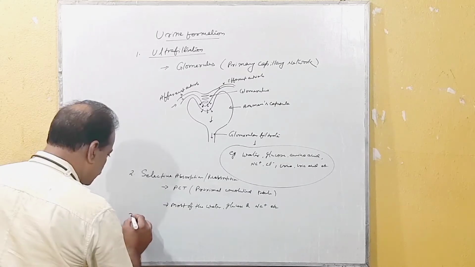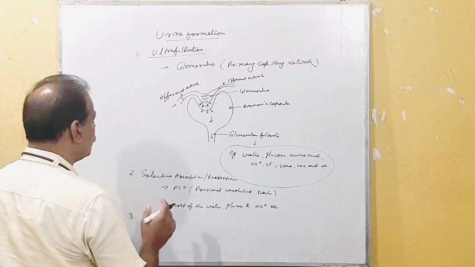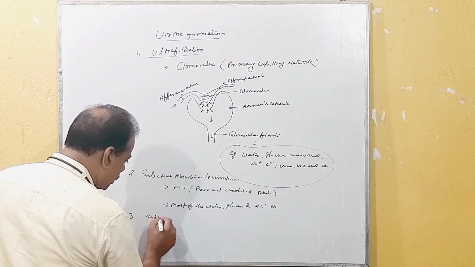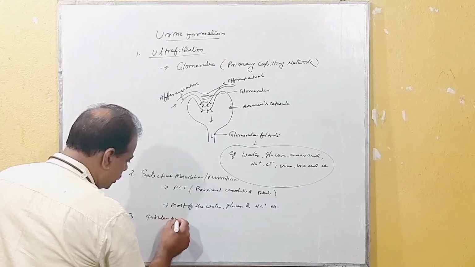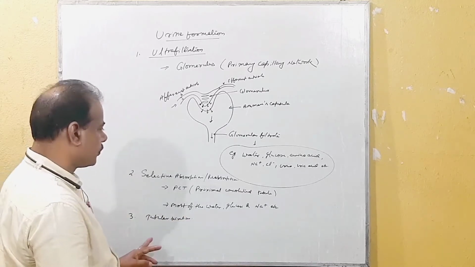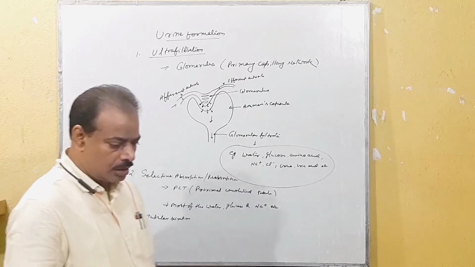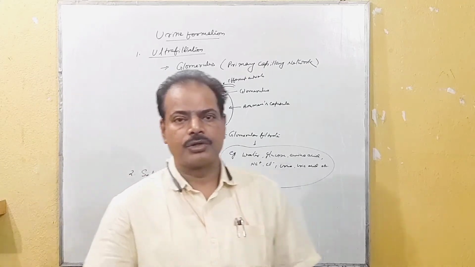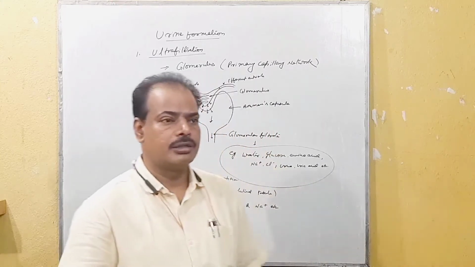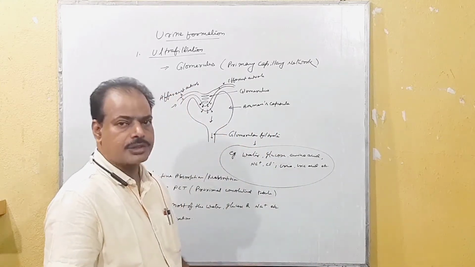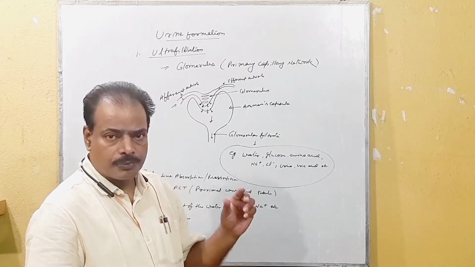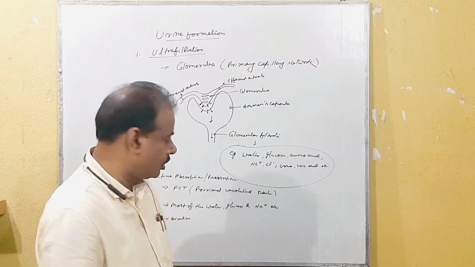Now the third step involved during urine formation is tubular secretion. Tubular secretion is the process in which excessive amounts of sodium chloride, potassium chloride, and some drugs such as antibiotics, etc. are poured into the blood.